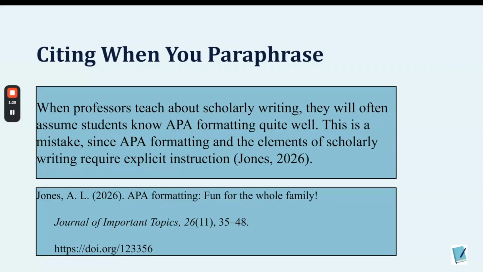Then the name of the journal in italics, the volume number of the journal in italics, the issue number of that particular journal, not in italics, and then the page range for the article, ending with a period. Finally, to make sure that the reader can identify where in the world they can find this article, you'll include some kind of link. It will most certainly, if it's a journal, be a DOI link, but it can also be some other kind of easily retrievable link.